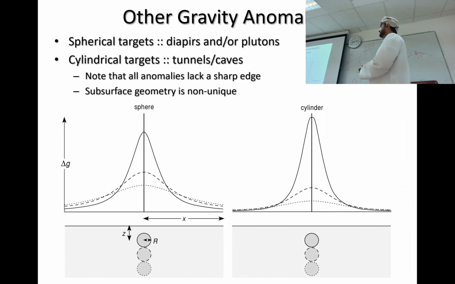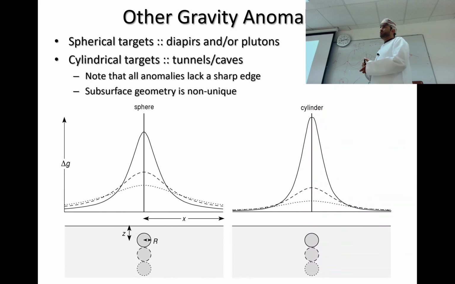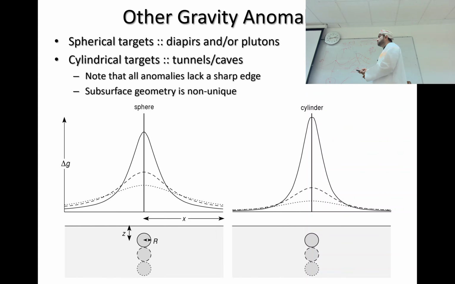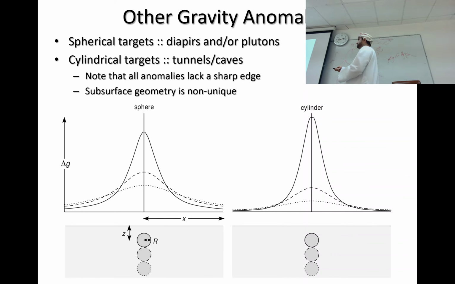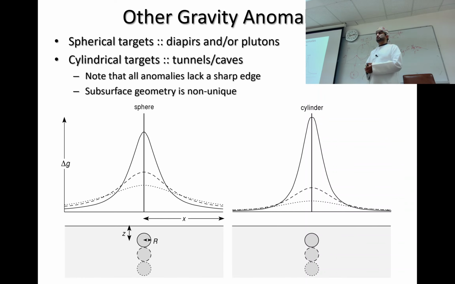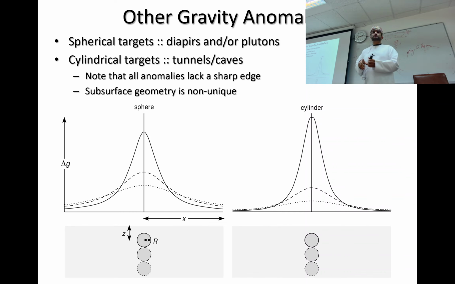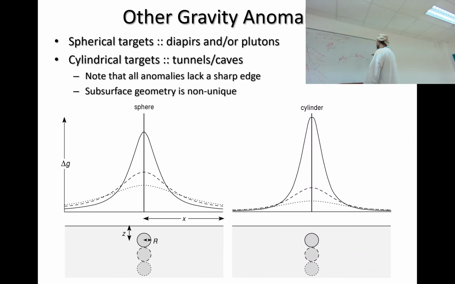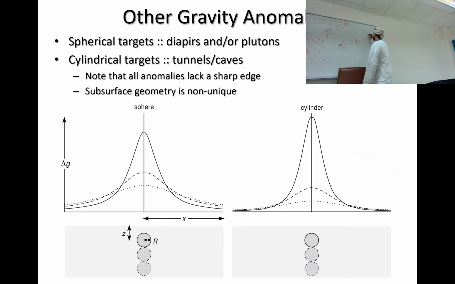So let's see how those anomalies will look. There we have two different things. One of them is spherical targets or cylindrical targets. What could be spherical targets in a geological sense? Diapirs. Have you heard of diapirs? Salt, yes. Salt usually, when it moves, tries to push the rock above.